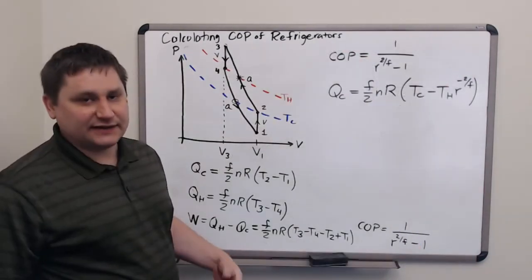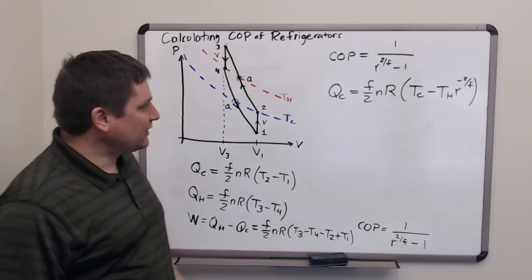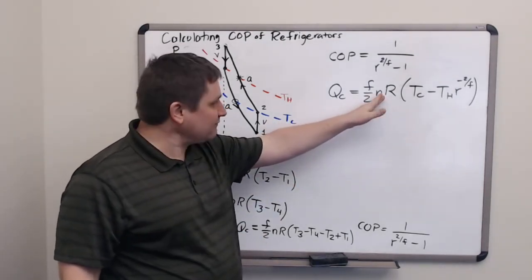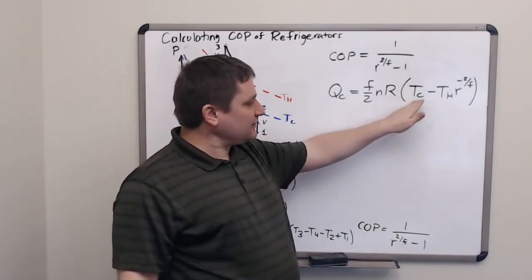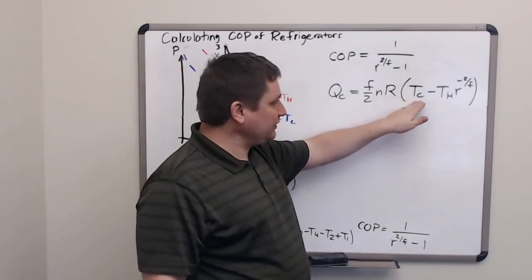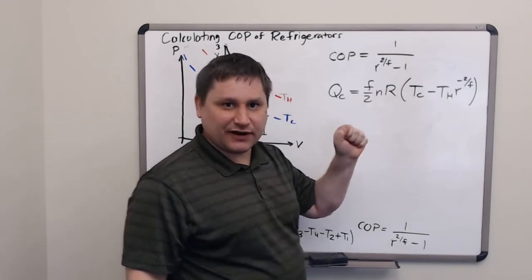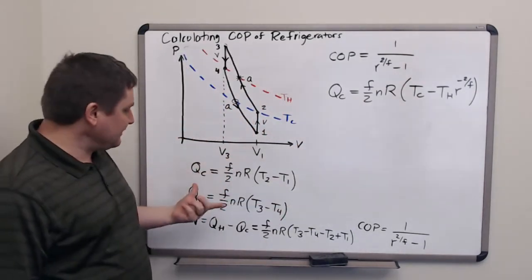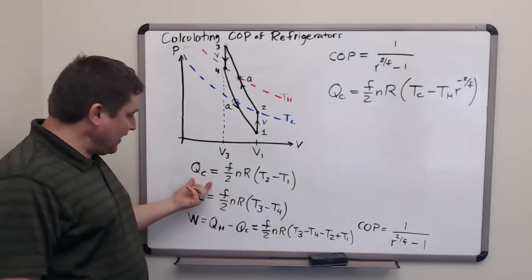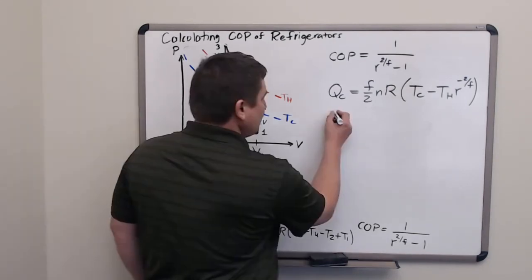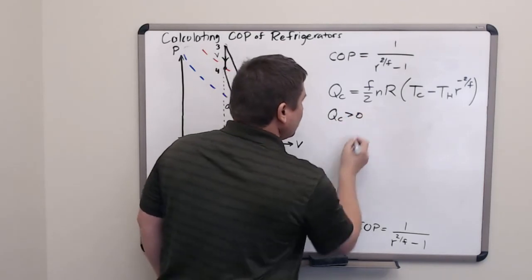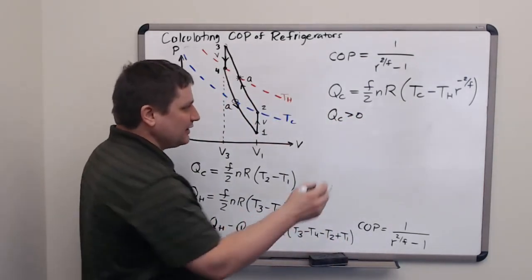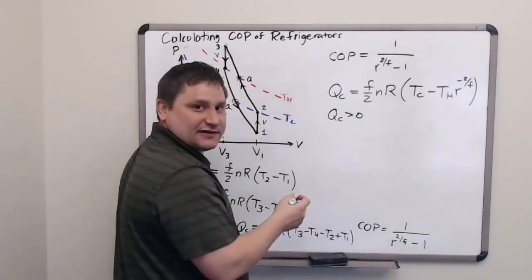The amount of heat that's actually absorbed from the cold reservoir still depends on the amount of material in the working substance, moles, and both the temperature of the cold and hot reservoir as well as the compression ratio. Our assumption about this cycle was essentially that if it acts as a refrigerator, the value of QC is positive. In order for QC to be positive, we must ensure that the quantity in parentheses is positive.